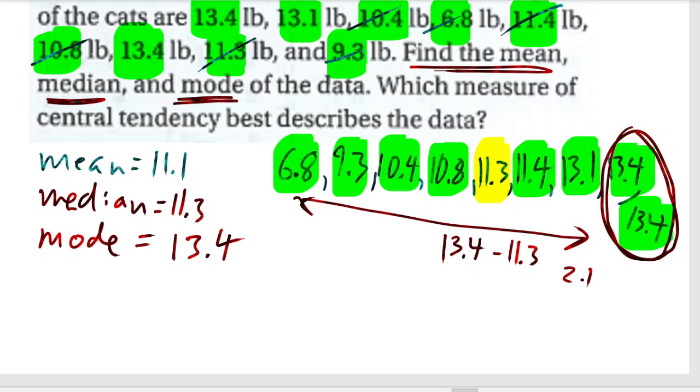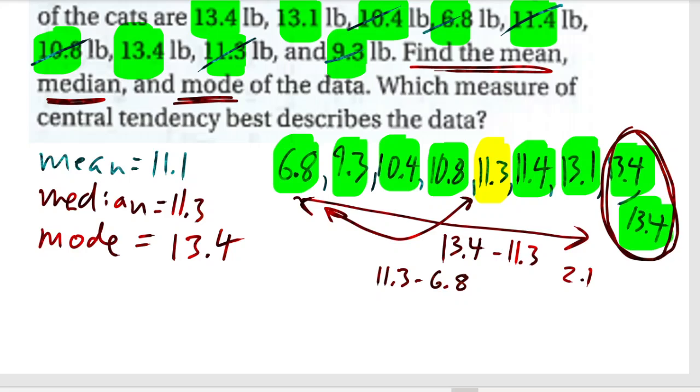2.1. On the other side of things, if we see how far the smallest number, our minimum, is from the median, so we're going to start with 11.3 and take away 6.8.